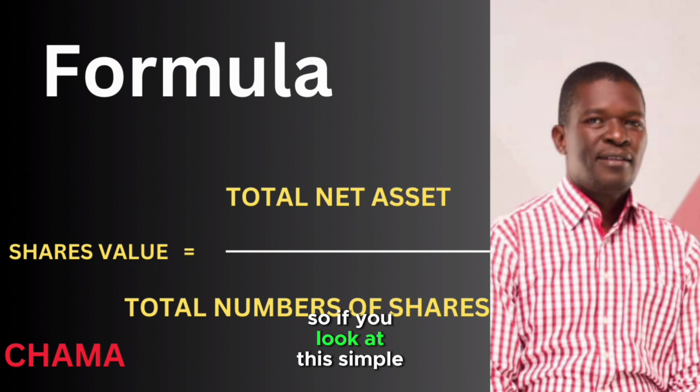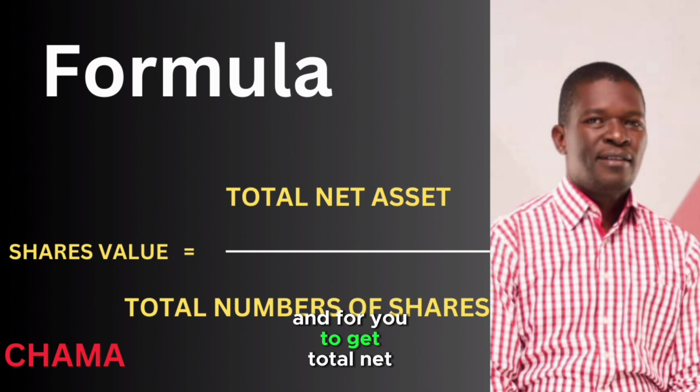So if you look at this simple formula that I was talking about, if you want to get the value of a share, or share value, share value is equal to total CHAMA net asset, divided by the number of shares in that group.